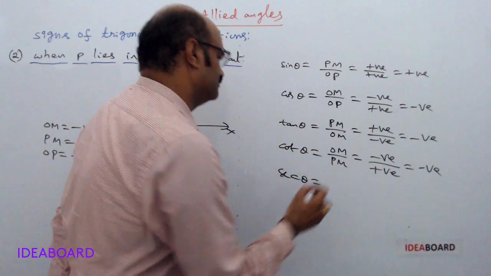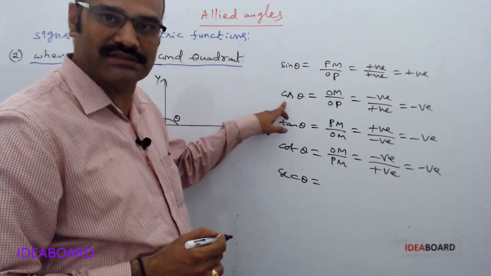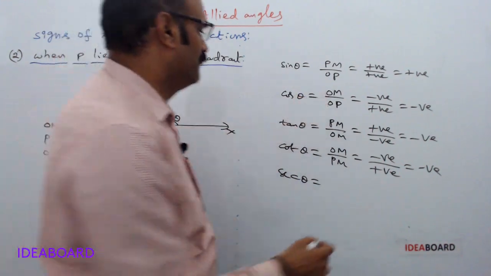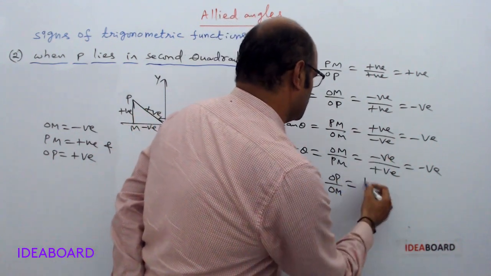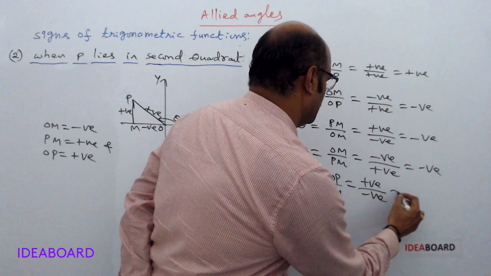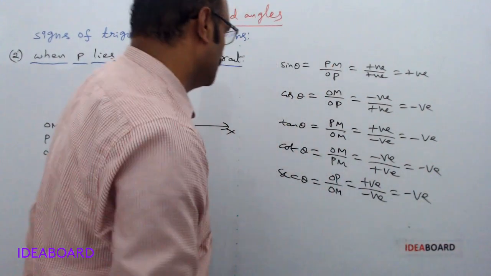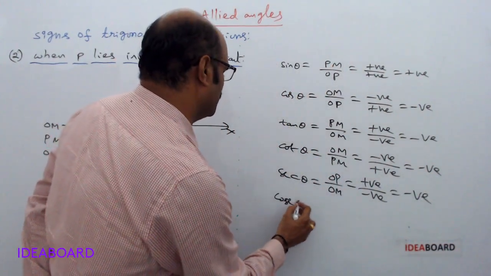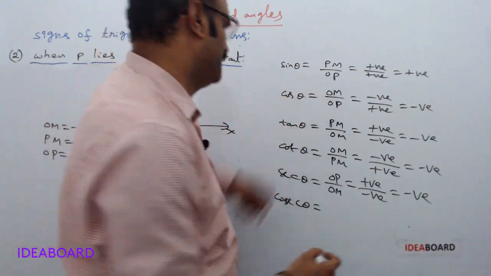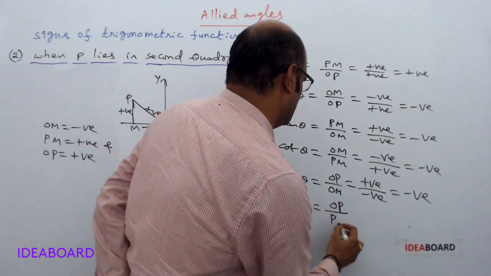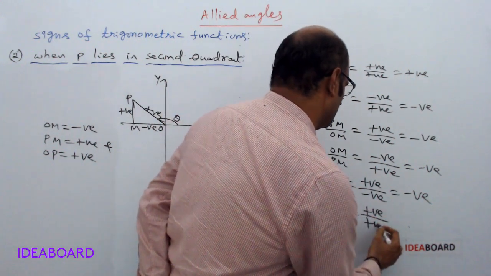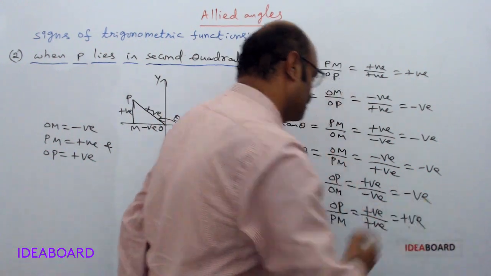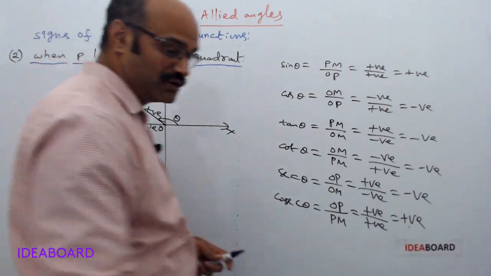Secant theta is the reciprocal of cos, so OP by OM, positive by negative equals negative. Cosecant theta is the reciprocal of sin, OP by PM, positive by positive equals positive.